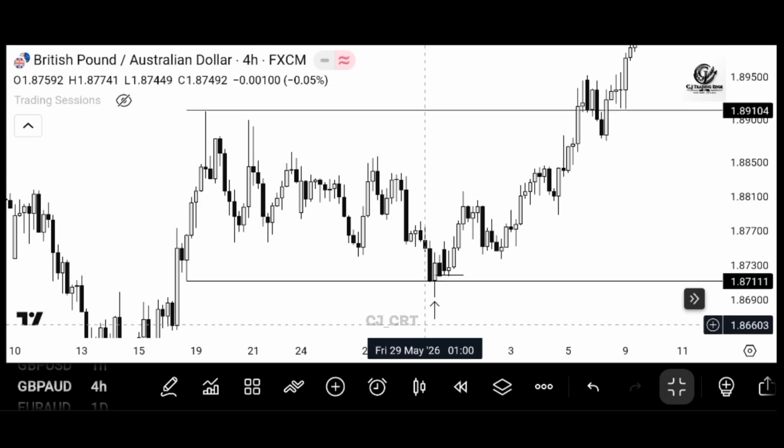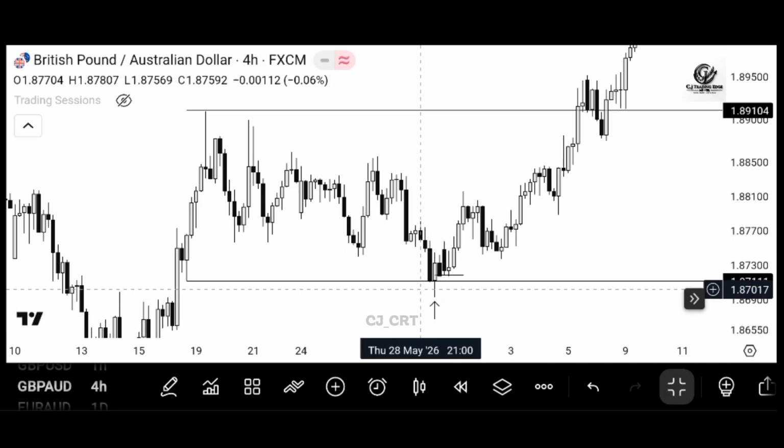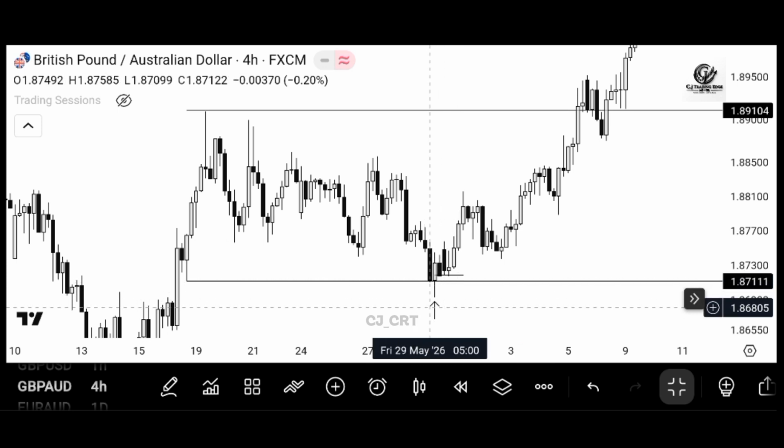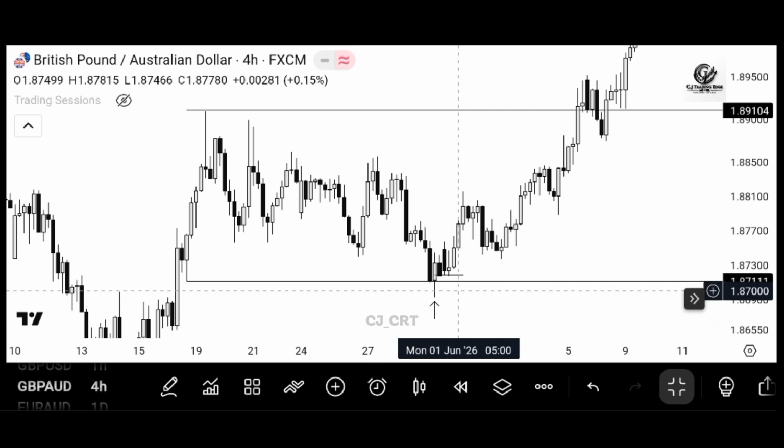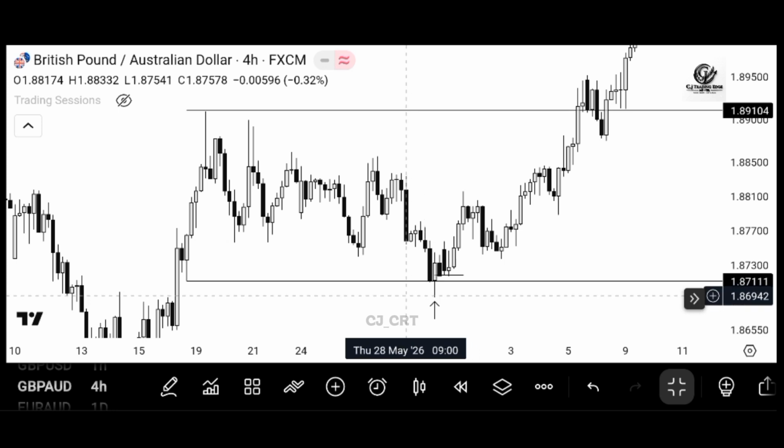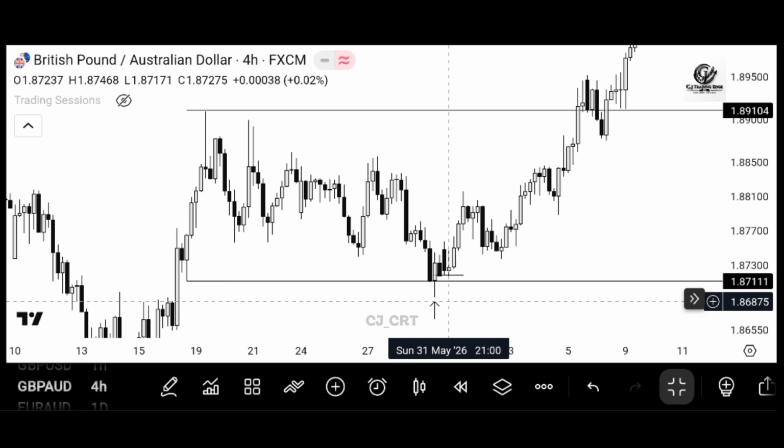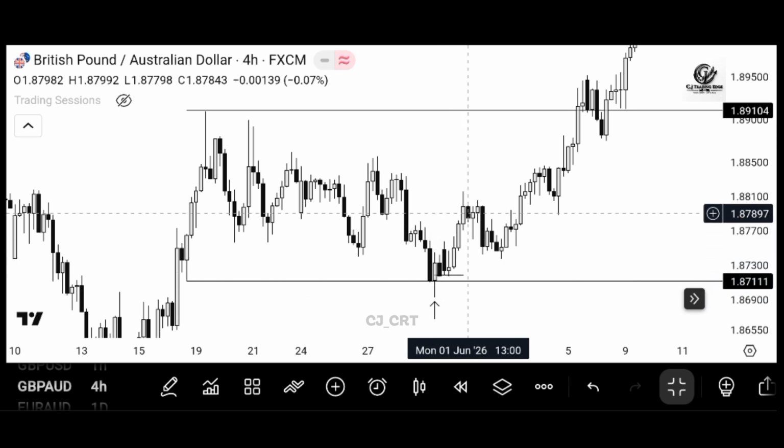Now it's going to entice all those breakdown traders who might want to short from here. And once they sell from here, the market goes against whatever they analyzed, and then they lose money.